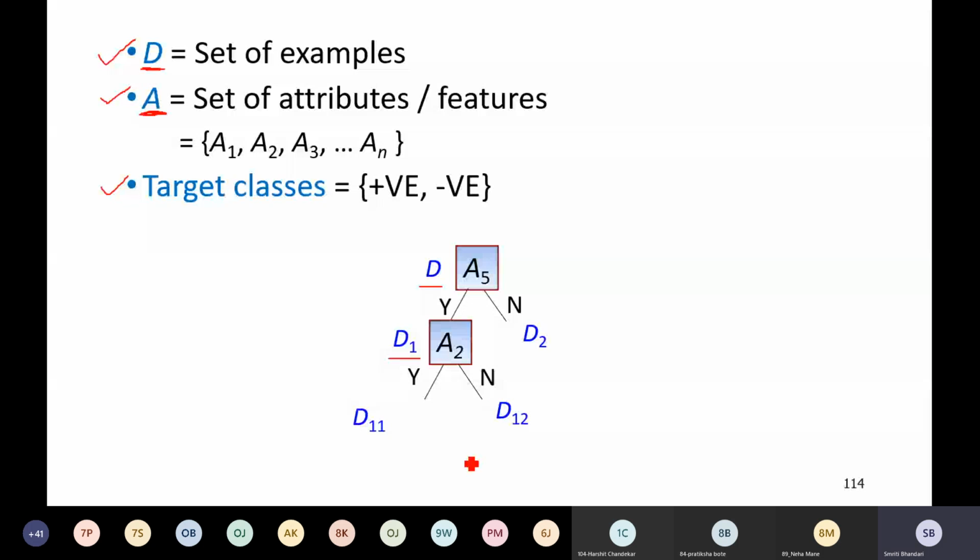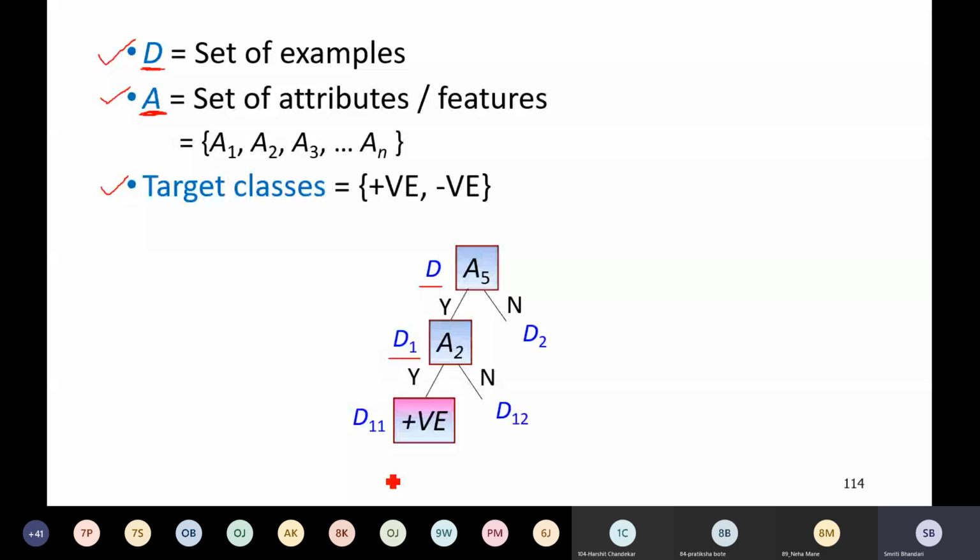value equal to N. Okay, now this process continues till we reach a particular decision, a class, positive or negative. Now, let us assume that whatever examples we have in D11 belong to the positive class.